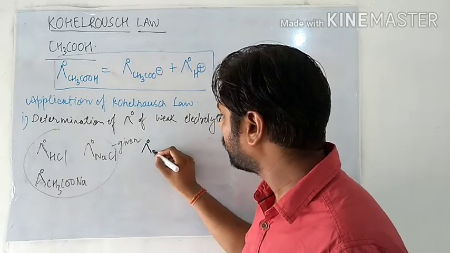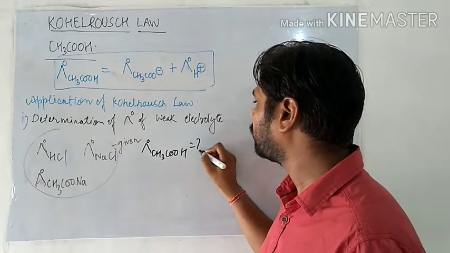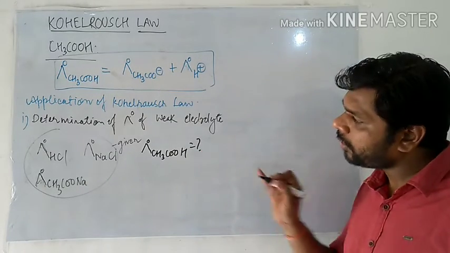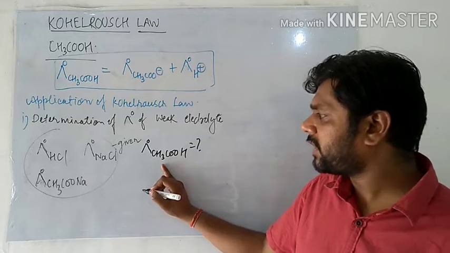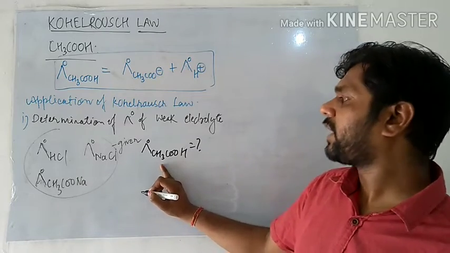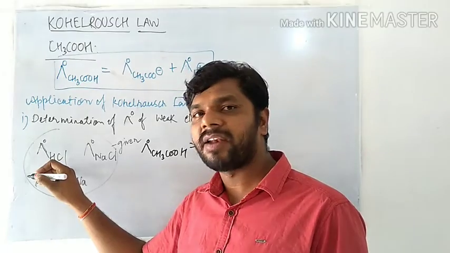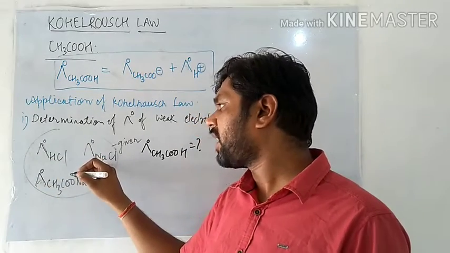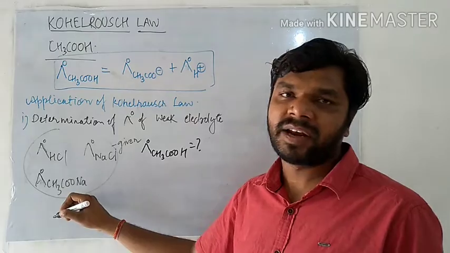Question mark. Okay, so how can we find out the molar conductance of acetic acid at infinite dilution when we are given the values of molar conductance of HCl at infinite dilution, NaCl at infinite dilution and sodium acetate at infinite dilution?